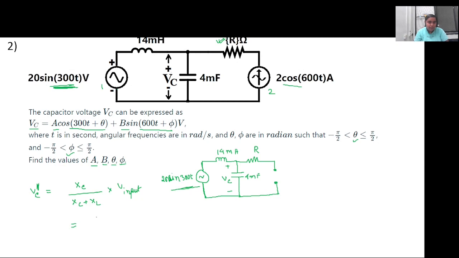Can you calculate? What is Xc? Minus 0.833 j. Okay. Let me calculate, then we'll see.